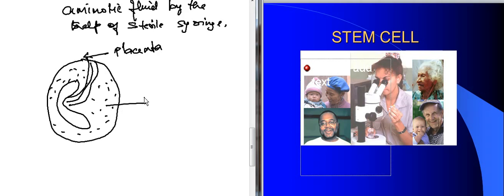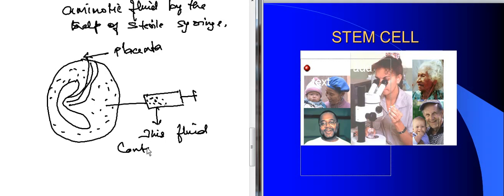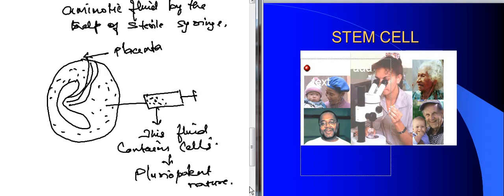There is a syringe through which the fluid is taken in the syringe. This fluid contains cells. These cells have a pluripotent nature. Okay, so let's see how these pluripotent cells are going to work.